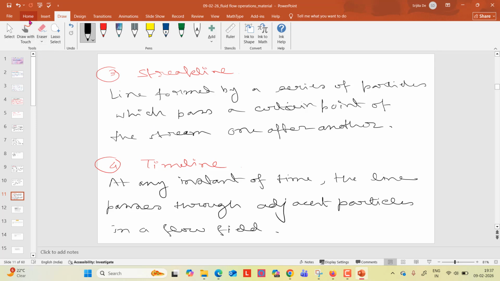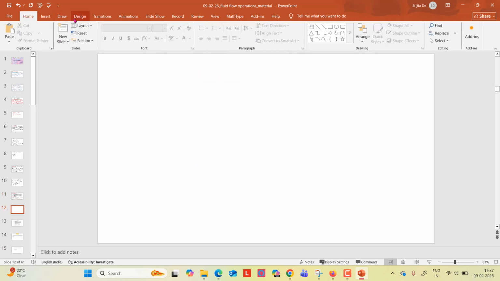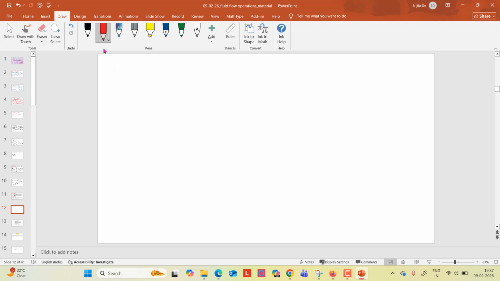If I draw it, translation means that this ABCD will move to this place, A dash, B dash, C dash and D dash. It has the same size, only the displacement and the position has changed. This is called the translation.